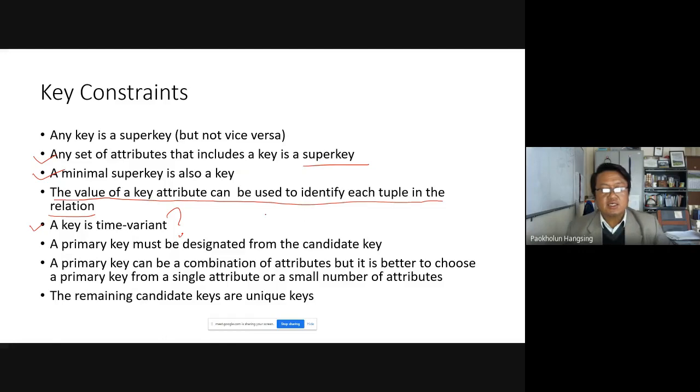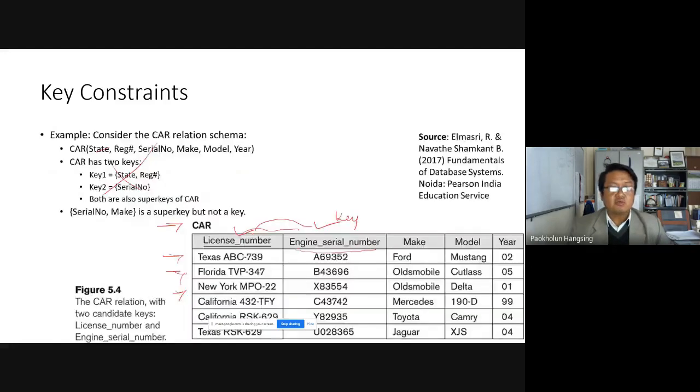Among the attributes, for example, in this car example, license number and engine serial number, both of them qualify to be the key because both of them have unique values in their tuples. But both of them are not used as key. One of them is assigned as the primary key.